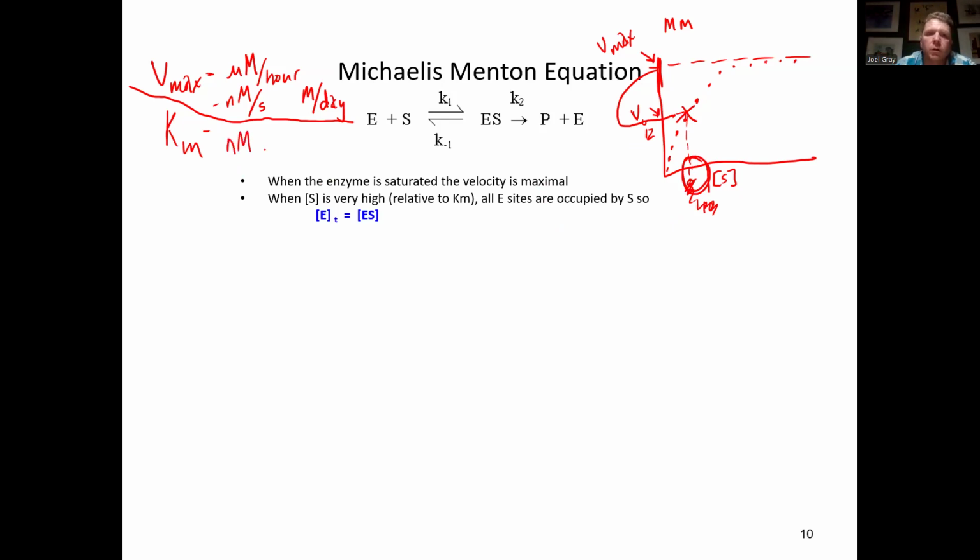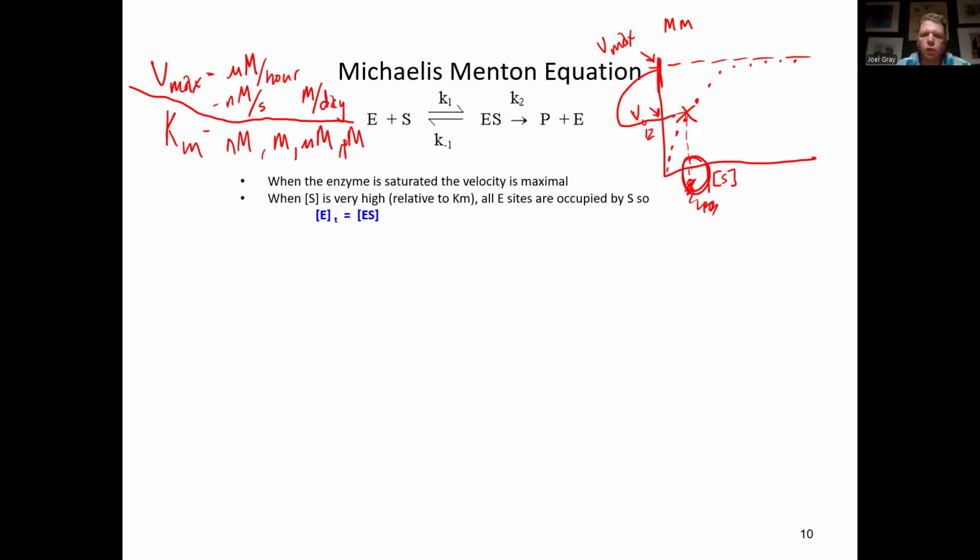So nanomolar, molar, micromolar. Let's go with molar. Well, I already used that. Picomolar. There we go. pM. So those are our two important kinetic parameters, and those are the possible values of those kinetic parameters.